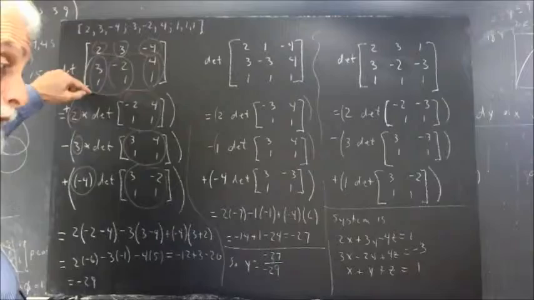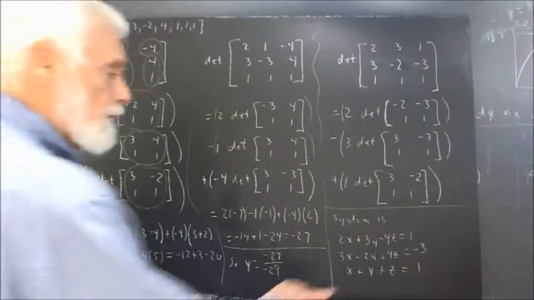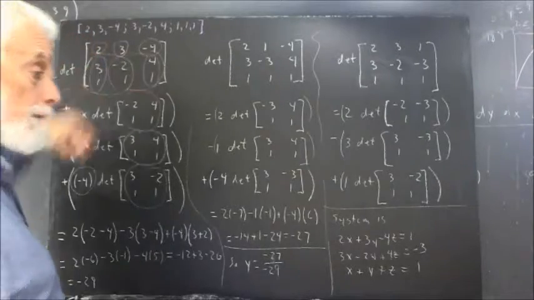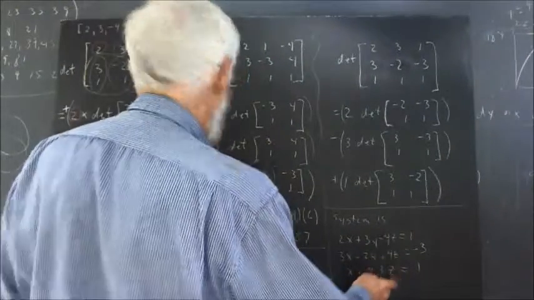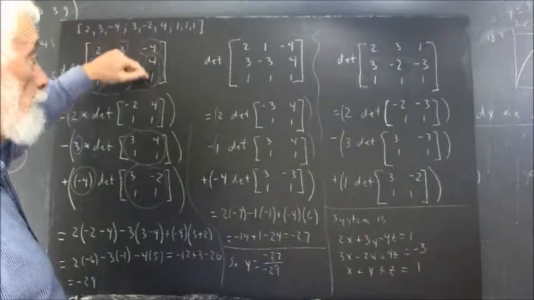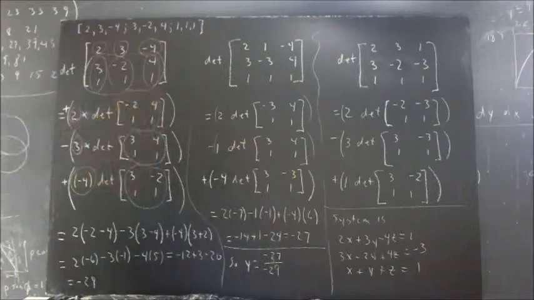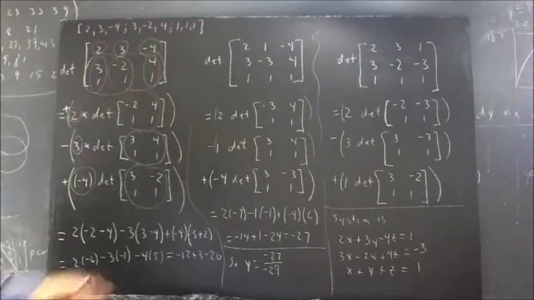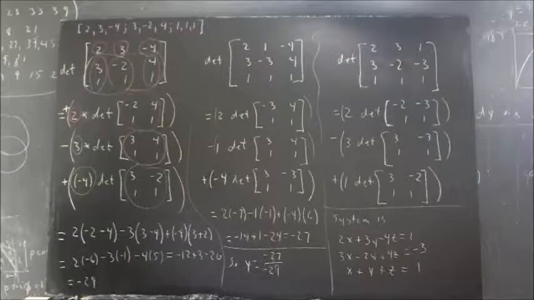So 2, 3, 1 in the first column. Y coefficients are 3, negative 2, 1. Here's our 3, negative 2, 1. Z coefficients, negative 4, 4, 1. Negative 4, 4, 1 here. So this is our coefficient matrix for this system. The determinant of the coefficient matrix is negative 29.